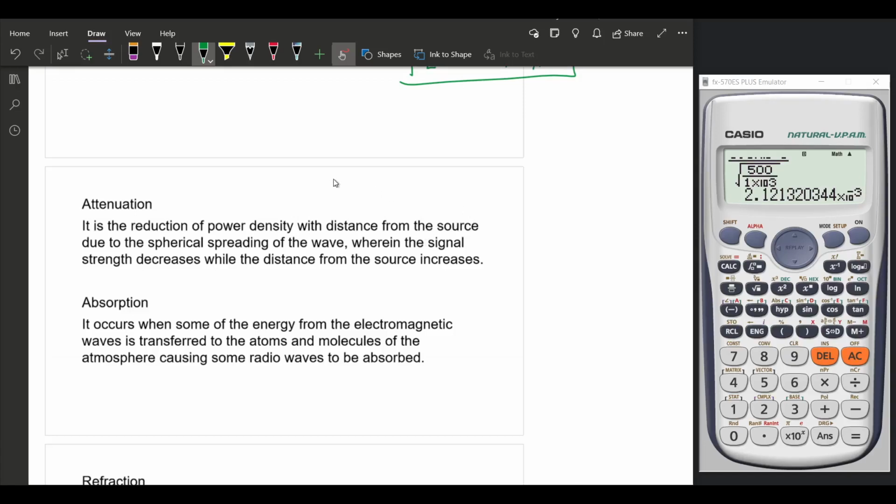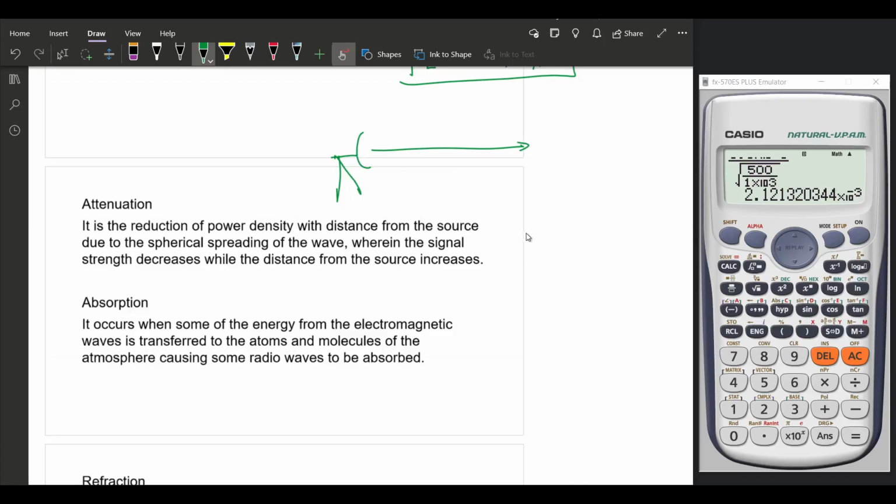So kapag halimbawa, ito yung source of signal mo, once lumabas yung signal sa source, then nag-propagate na siya, nag-travel na siya with a certain distance. So yung power level nun is lumiliit ng lumiliit habang lumalayo siya doon sa source natin.